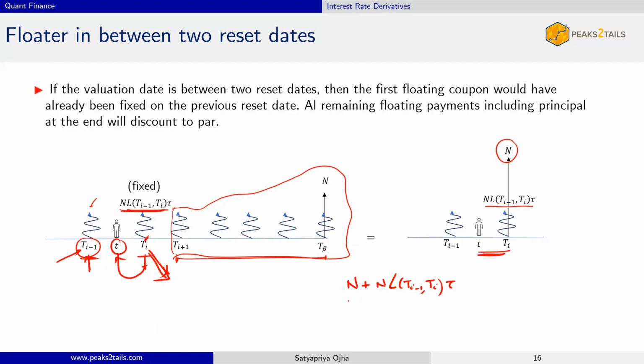So we can do simple or compound, whatever rate you have available. So if you have, let's say, a continuously compounded rate available, then you can do this, right? Or if you have simple compounding available, you can go back and forth, no harm.